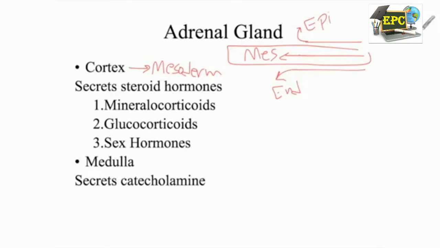And then we have the medulla. Its embryological origin is very distinct, as it originates from the neural crest cells. And those neural crest cells would then develop into the chromaffin cells. Those chromaffin cells are very distinctive of the medulla, as they have a direct innervation with the sympathetic system.